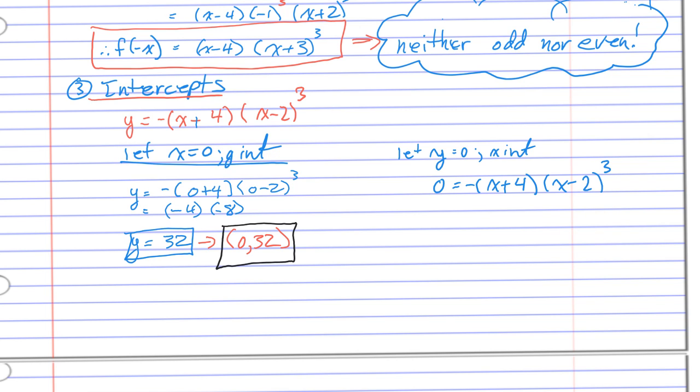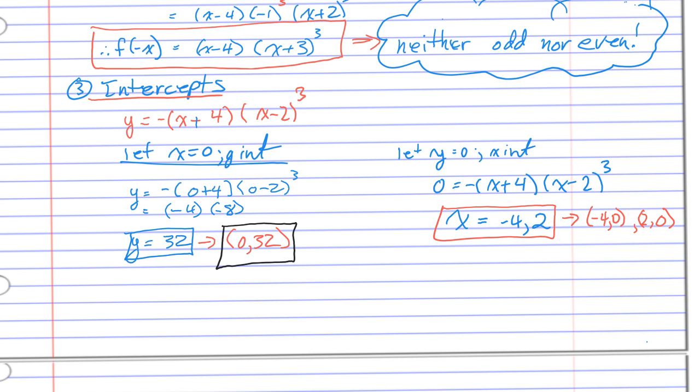Based on this, the zeros of our equation are x is equal to negative 4 and positive 2. So that means our actual points are negative 4, 0 and 2, 0 for our x-intercepts.